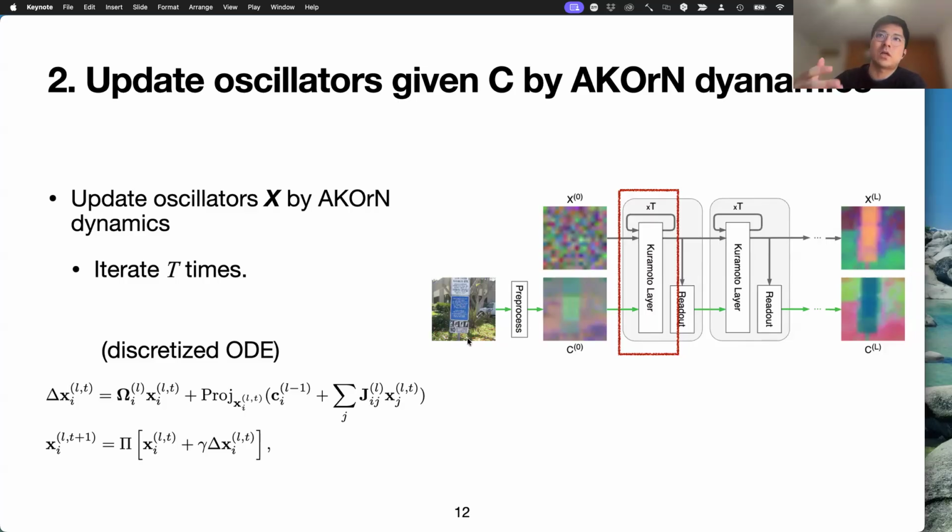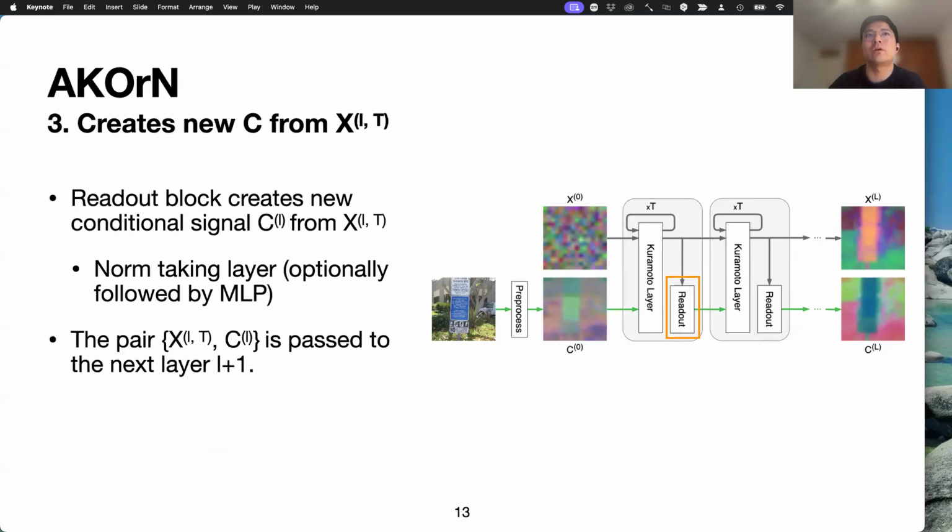After applying T iterative layers, we encode the next conditional stimuli from the last-step oscillator states. Here we apply readout blocks to the last layer's X, which consists of just a simple MLP whose parameters are learned through backpropagation.